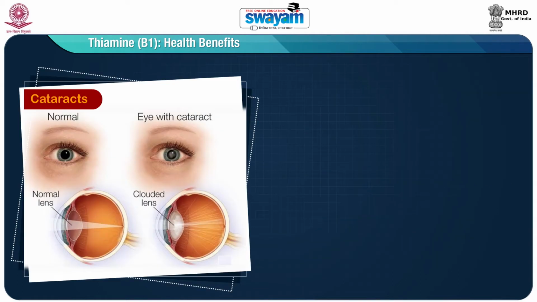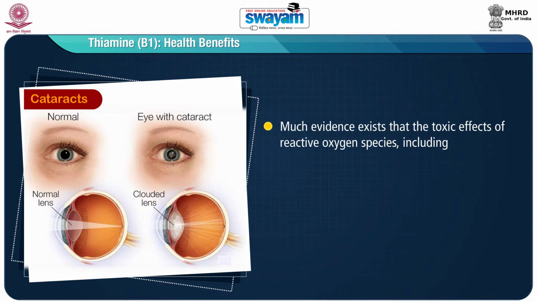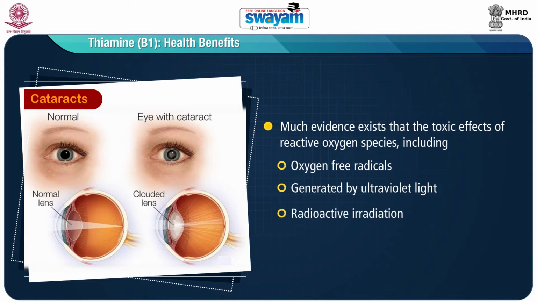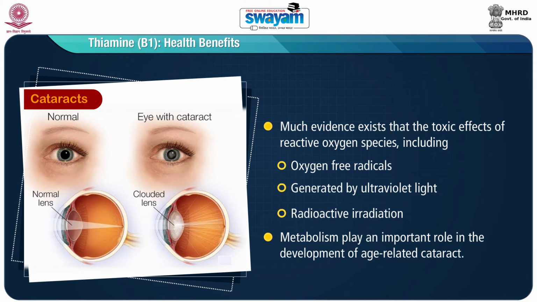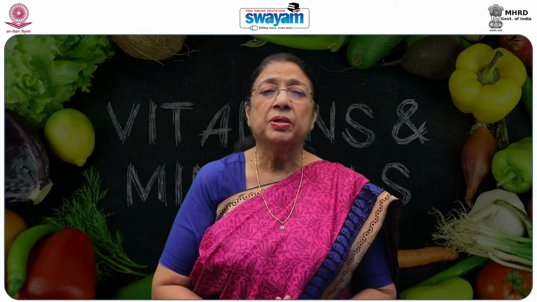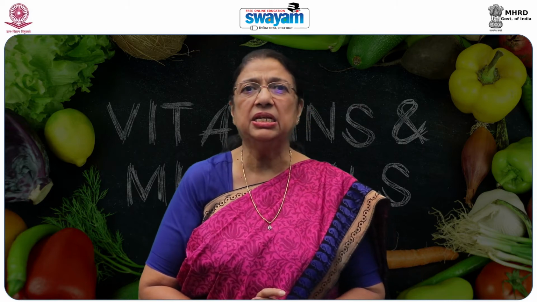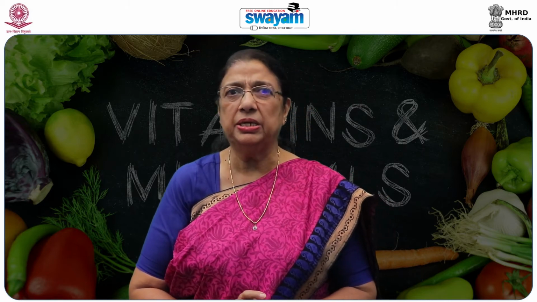Then role of thiamine in cataracts. Much evidence exists that the toxic effects of reactive oxygen species, including oxygen free radicals generated by ultraviolet light, radioactive irradiation and metabolism, play an important role in the development of age related cataract. Ongoing detoxification of these reactive oxygen species by the reducing compound glutathione is necessary to maintain the tissue's transparency.